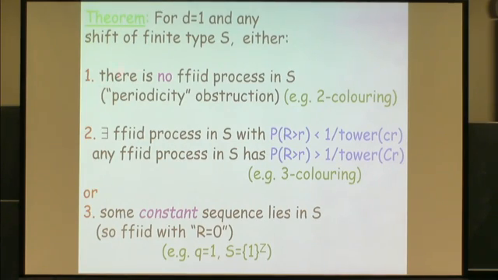One is that there's just no FFIAD process that lies in S that satisfies your constraints, for a stupid reason similar to what happens with 2 colouring. Because with 2 colouring on Z, for example, you have this built-in periodicity. If you fix a red at the origin, then you know that there are reds every even spot.